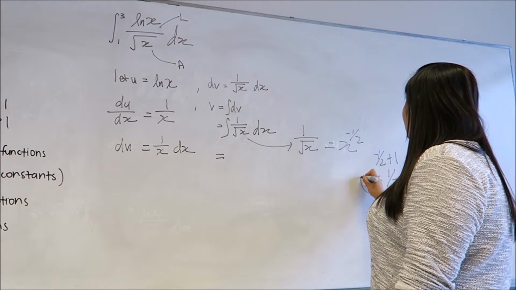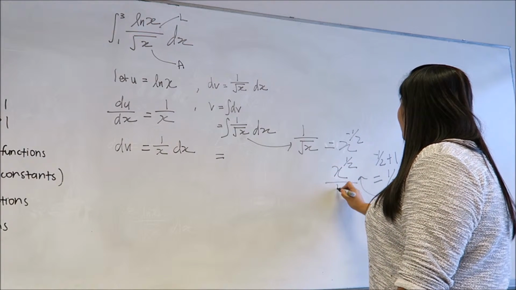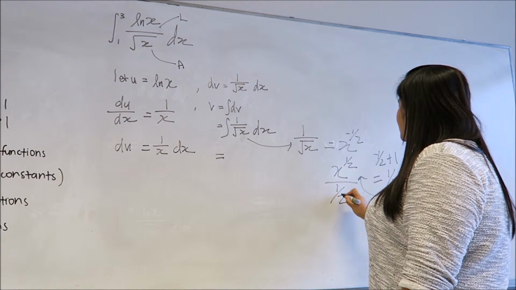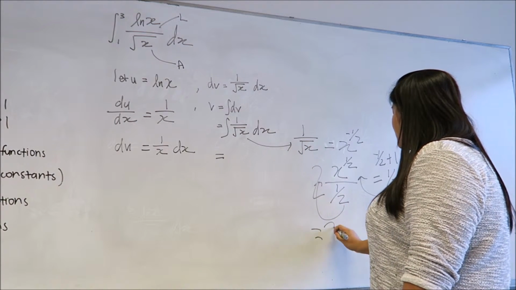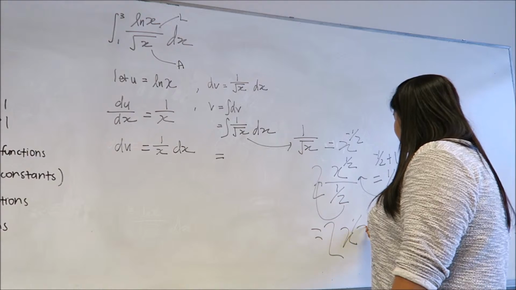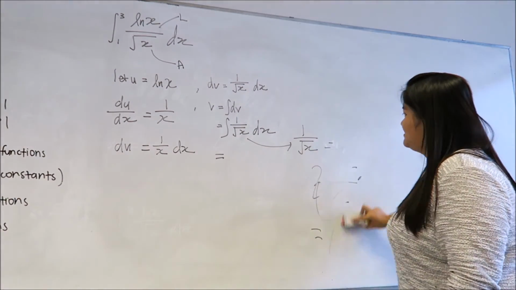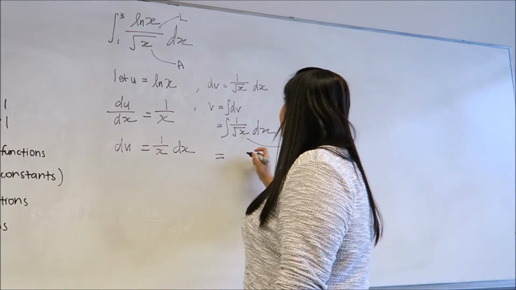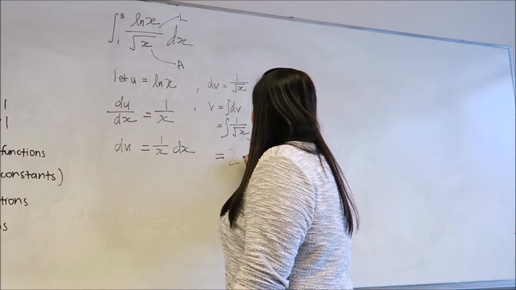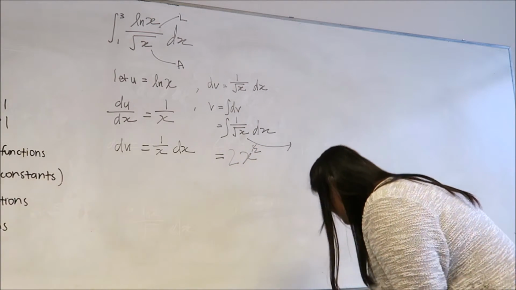So you get x to the power of half over 1.5. This will move up, so it's 2 here, and it becomes 2 x to the power of half.